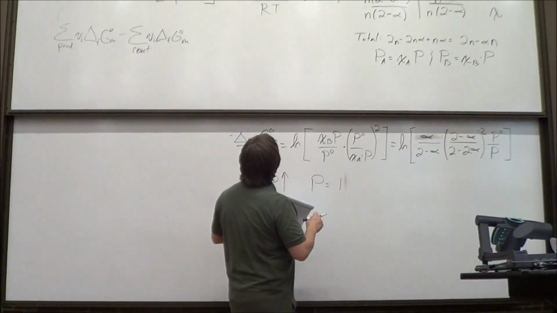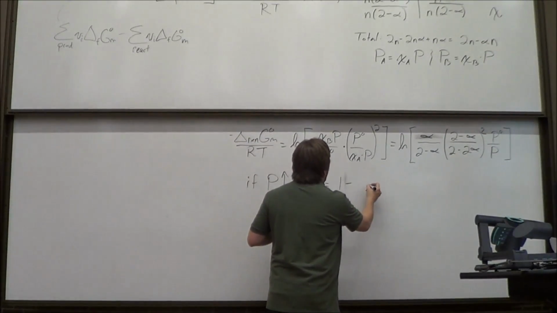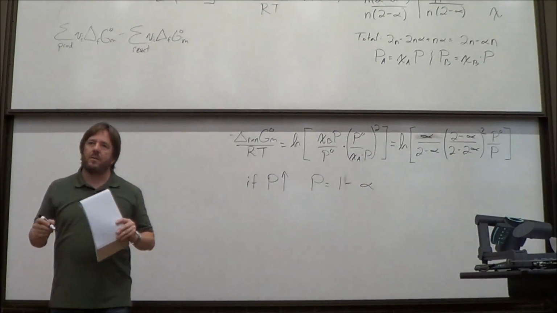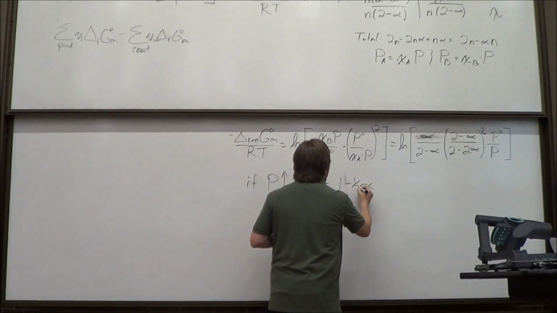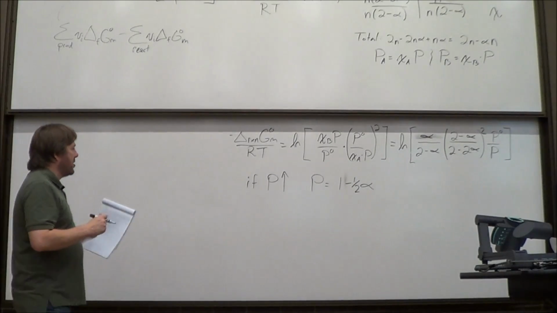I need to start at 1 bar no matter how many moles I have, and I'm going to shave off pressure. Now that actually goes to 0 pressure, which is not right. It actually should go to a half. So there you go. All right, so that's how I can define pressure.